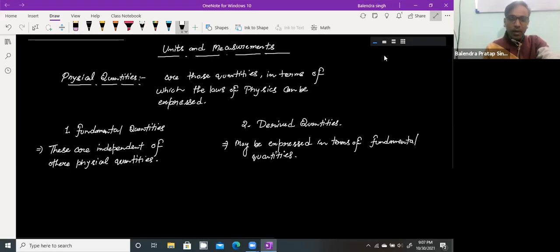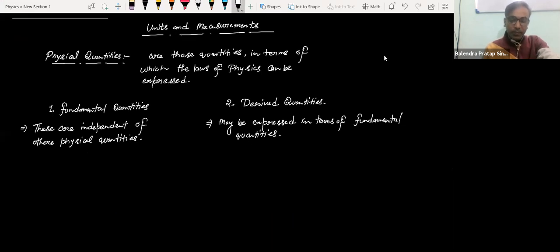The examples of the fundamental quantities are length, mass, and time.